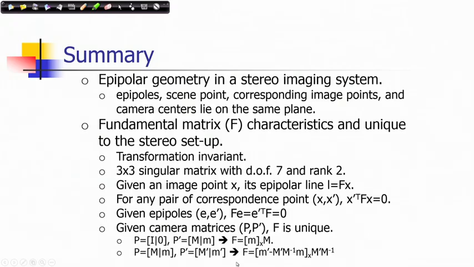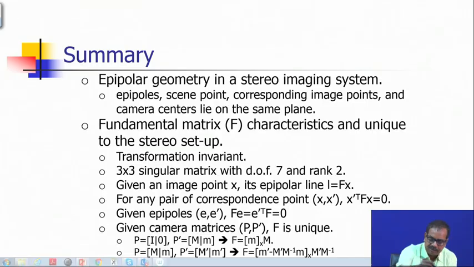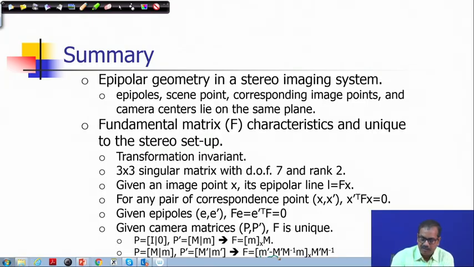Or you can consider a very generic representation. I have given you the expression. I did not really expand or discuss this in my lectures, but please go through it and note this expression. From P and P prime we have computed the epipole, which is given by the expression m prime minus M prime M inverse m.